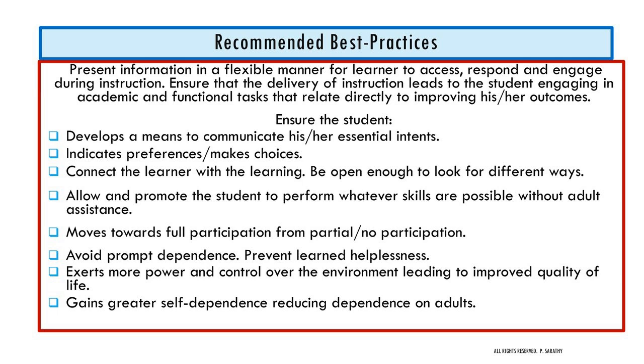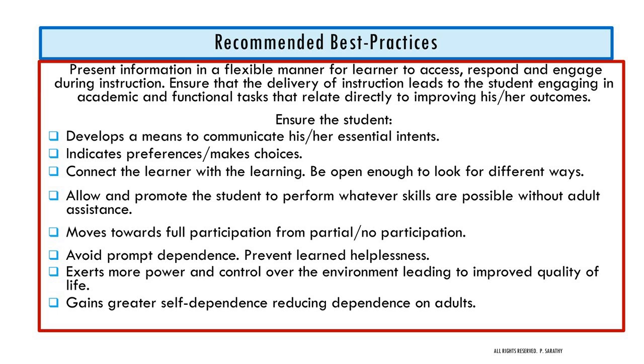Connect the learner with the learning. Look for different ways. Allow for the student whatever skills the student can do independently or partially without adult assistance. Make that happen. Avoid prompt dependence. Because when they become totally adult-dependent or prompt-dependent, it encourages learner helplessness.